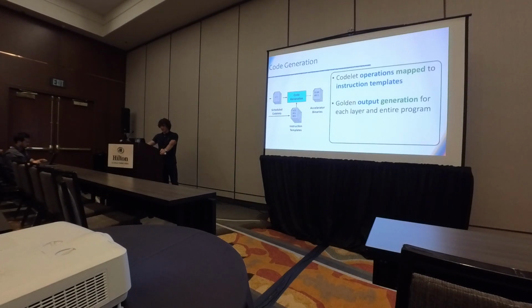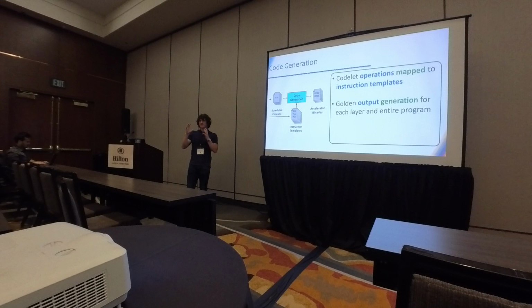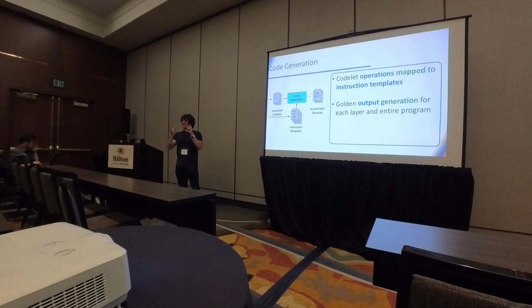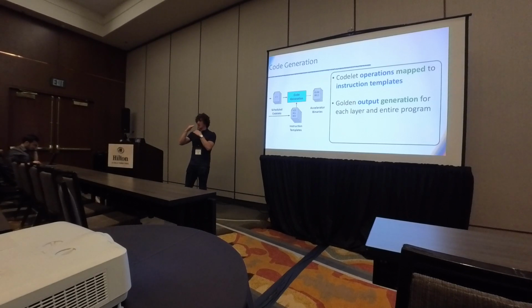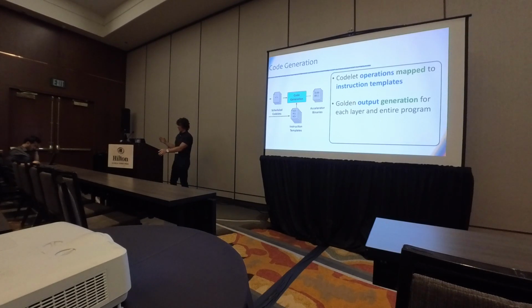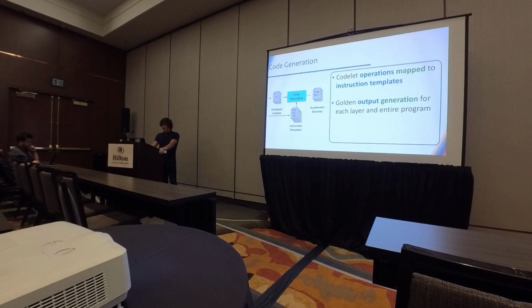Moving to code generation, one of the things that the architecture covenant graph contains as an additional attribute is a set of templates that map high-level codelet operations to sequences of instructions that we can actually run on our hardware. We use these code templates, and they are parameterizable, obviously. There are fields that the compiler fills in, like address calculation and such, to generate the actual accelerator binaries.